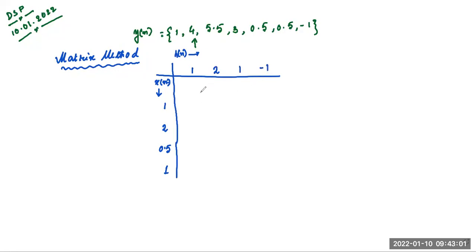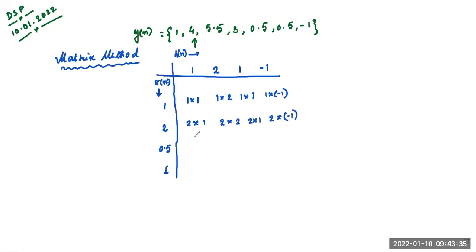Now I will multiply each pair. So I will get 1 into 1, 1 into 2, 1 into 1, 1 into -1. Next line, 2 into 1, 2 into 2, 2 into 1, just matrix multiplication, and 2 into -1.